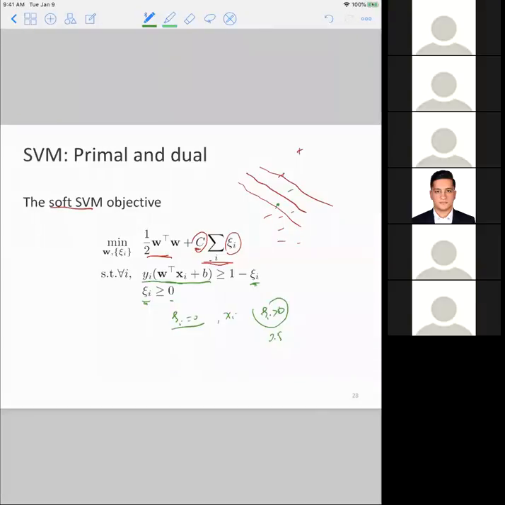And why would we append the objective function by a summation of the slack variables? Can anyone recall? Try to recall what I have discussed before, right?